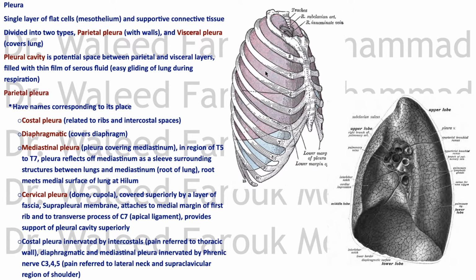This is because of the inflammation of the costal pleura, while the diaphragmatic and mediastinal pleura are supplied by the phrenic nerve C3, 4, 5, so you expect the pain to be referred to areas supplied by such dermatomes, like the side of the neck and the supraclavicular region of the shoulder.